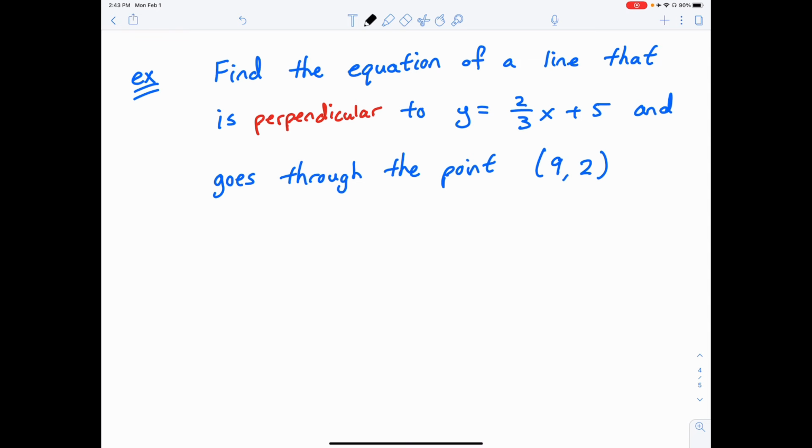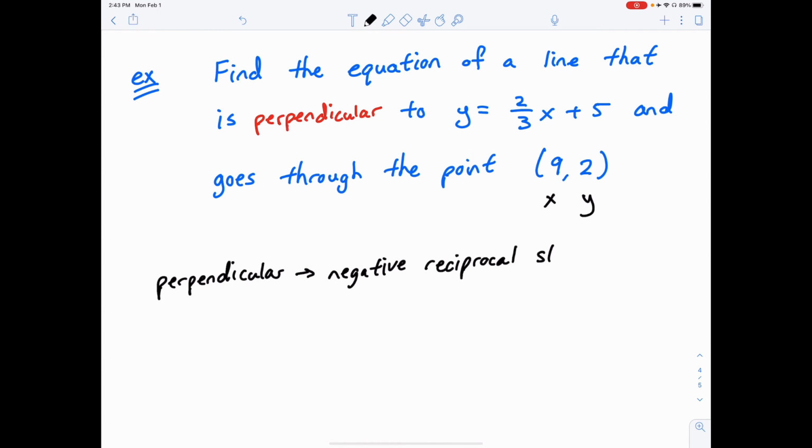So once again, same question, but this time we change parallel to the word perpendicular to see how we can find information to get the equation of the line. Once again, x and y is given by the coordinates (9, 2). Since we want perpendicular, that means negative reciprocal slope.